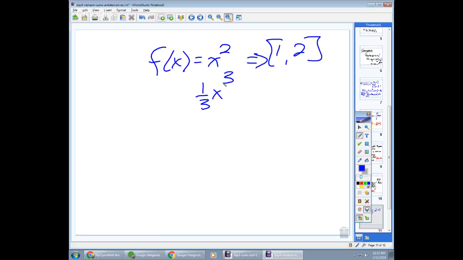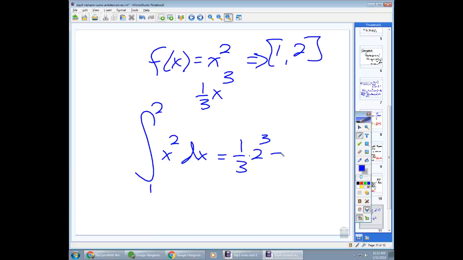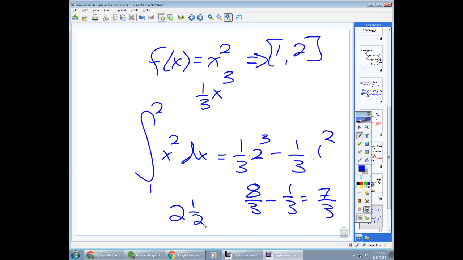So if I wanted to find the area from 1 to 2 under x squared, I would take that antiderivative, plug in a 2, minus the antiderivative, plug in a 1. What's 2 cubed? 8. So 8/3 minus 1/3 gives 7/3. 3 goes into 7 twice, with 1/3 left over, which is 2.33 repeating.